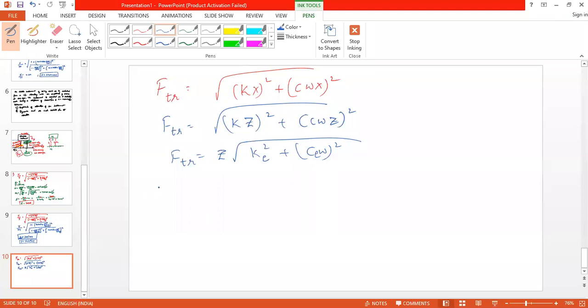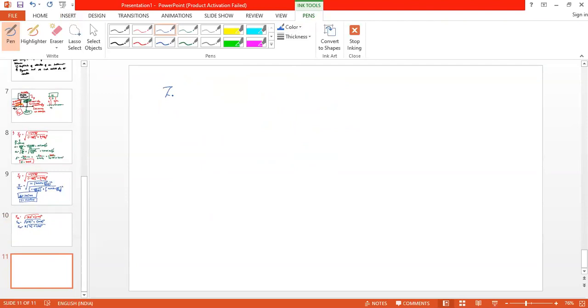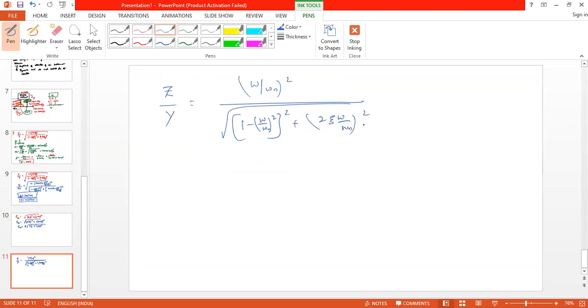So now I need to find out the relative amplitude. Relative amplitude means I need to use the equation which relates the relative displacement to the displacement of the component. That is Z by Y is equal to (omega by omega n) whole square divided by root of (1 minus (omega by omega n) whole square) whole square plus (2 zeta omega by omega n) whole square.